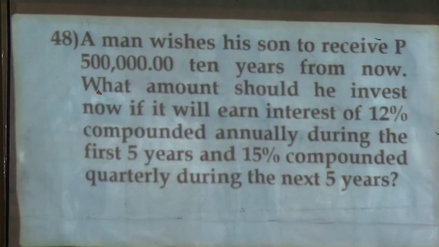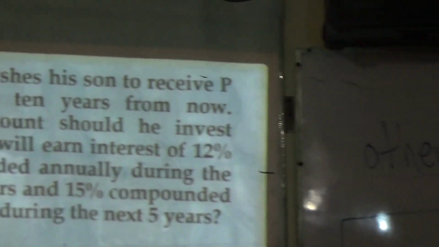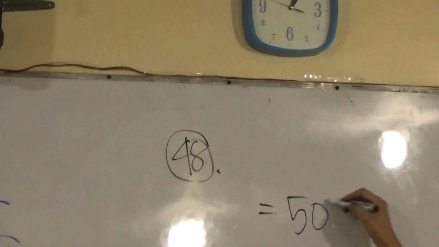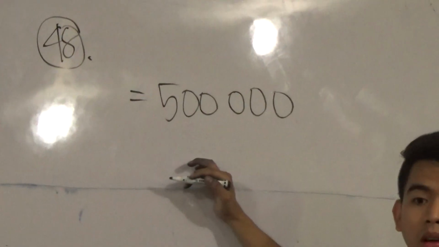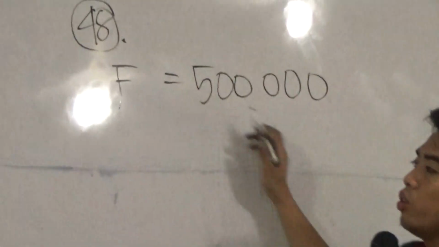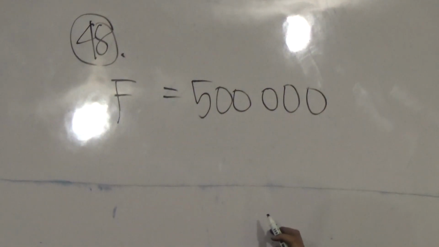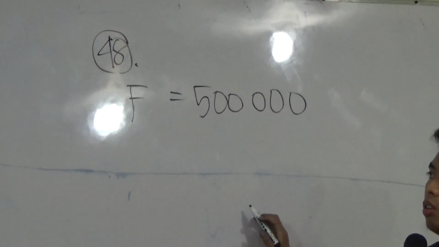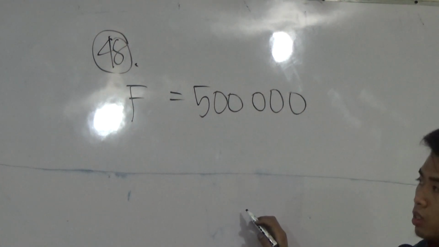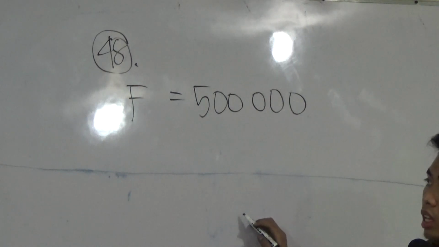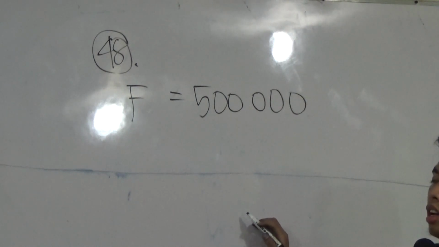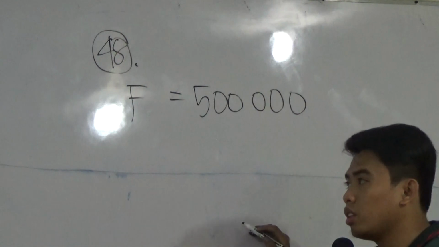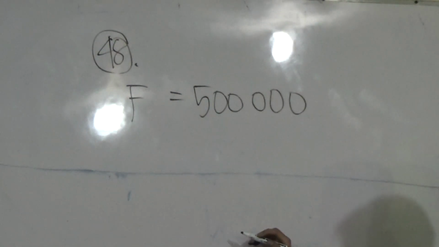Okay? 10 years from now. So, ano yung 500,000? That will be the future. What amount should he invest now if it will earn interest 12% compounded annually during the first 5 years and 15% compounded quarterly during the next 5 years.